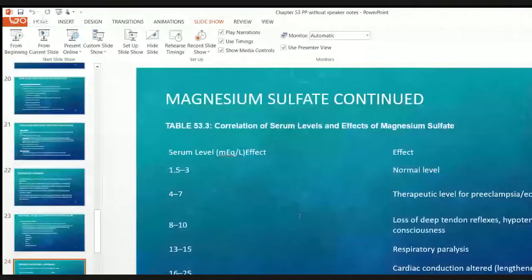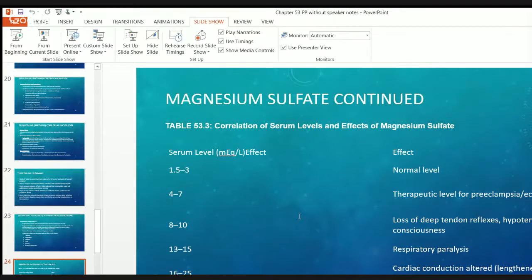So when we look at magnesium sulfate, it's one that we typically will draw routine magnesium levels on. While a woman is receiving magnesium therapy, she may get her magnesium levels drawn every 4 hours, every 6 hours, every 12 hours. It just depends on what is ordered for her. And as you can see, the therapeutic level of magnesium is above what's considered normal.